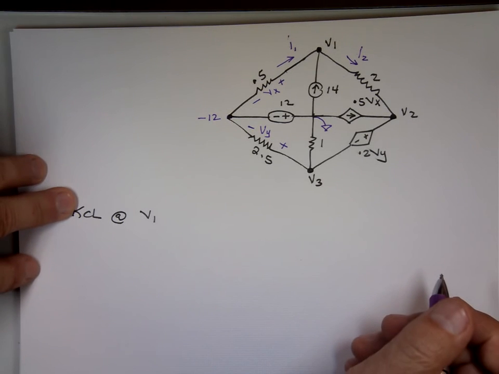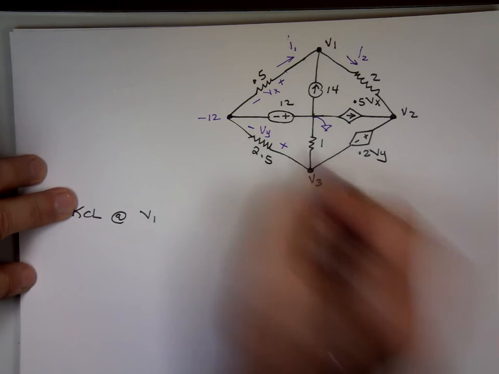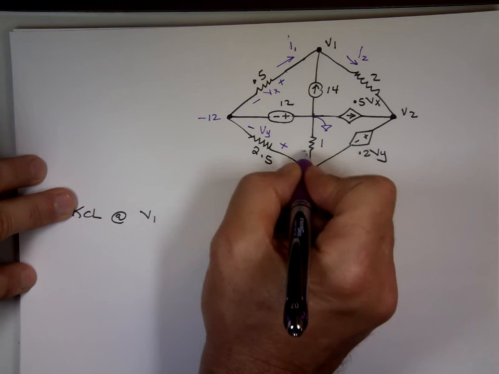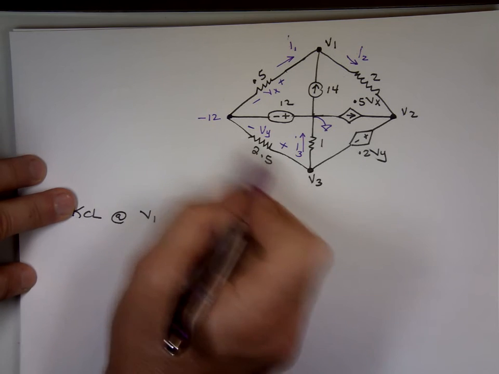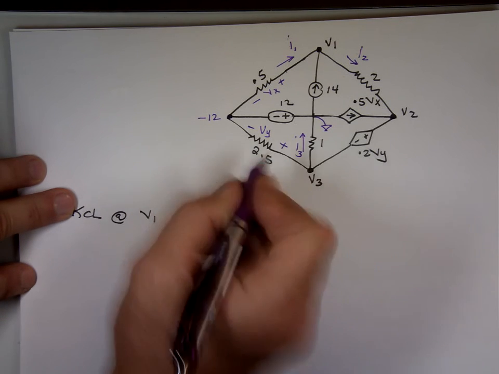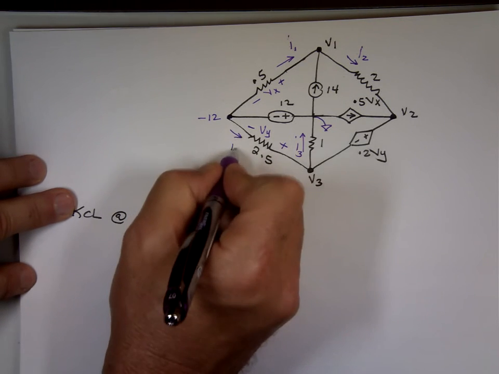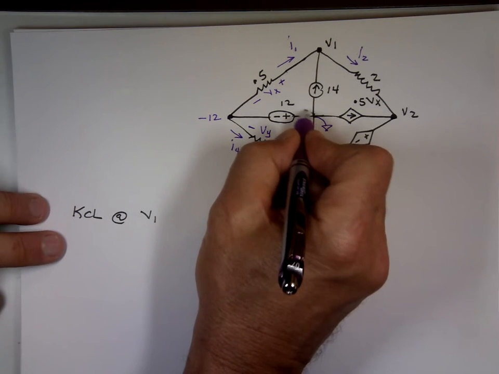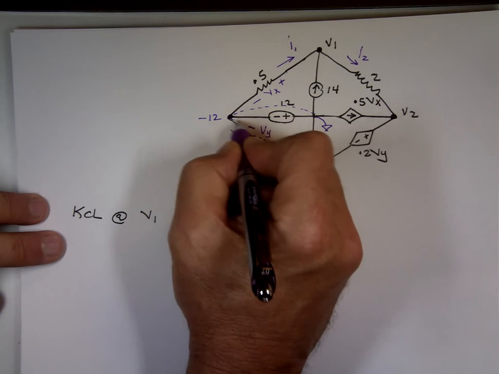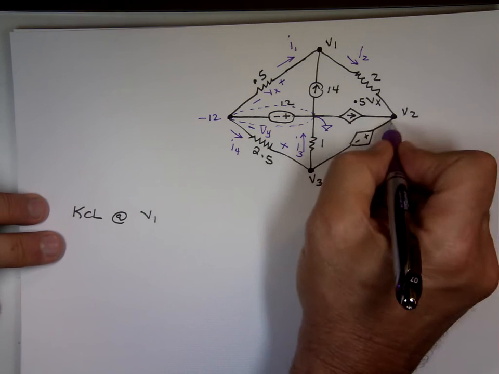Through the 1 ohm resistor here: up, I3. This resistor: down, I4. This is a supernode, if I need it.